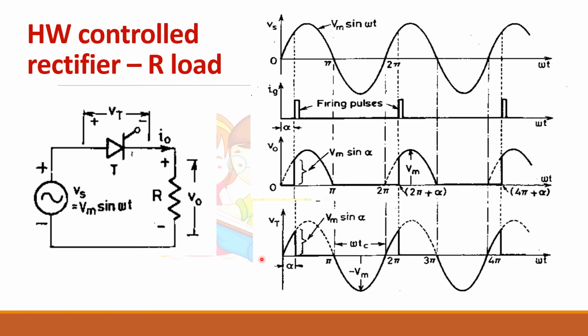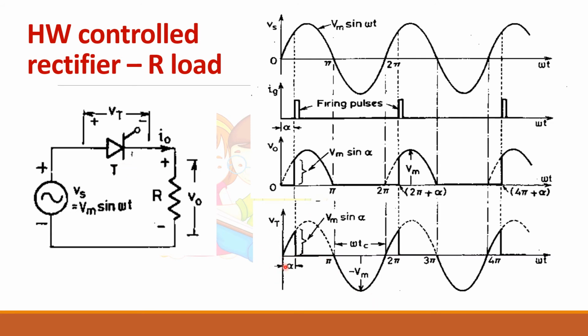Now to draw the waveform across this thyristor, we have to follow the same rule as we did for diodes. So when the device is conducting, the voltage across the device will be 0.